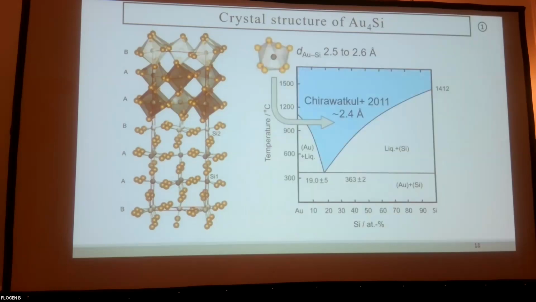And coming back to the proposition from the beginning that there are potentially already predefined clusters found in the melt, if we are taking the 4 shortest distances in the distorted icosahedron into account, they are between 2.5 to 2.6 angstrom, and these are reasonably close to gold silicon interactions of nearest neighbors that were measured in eutectic melts.